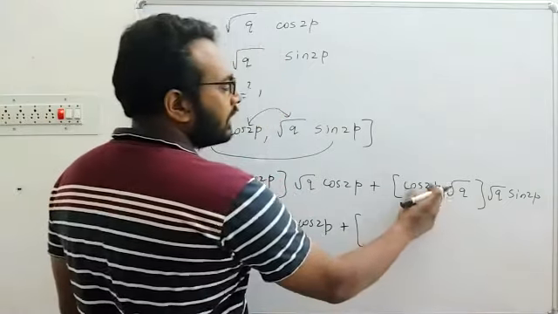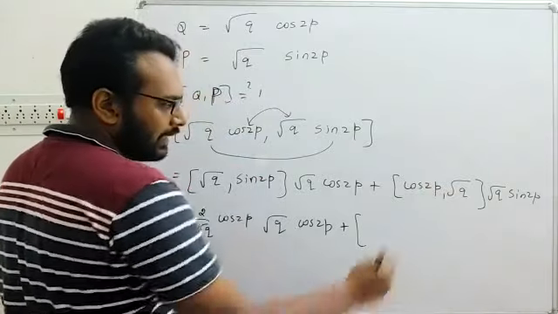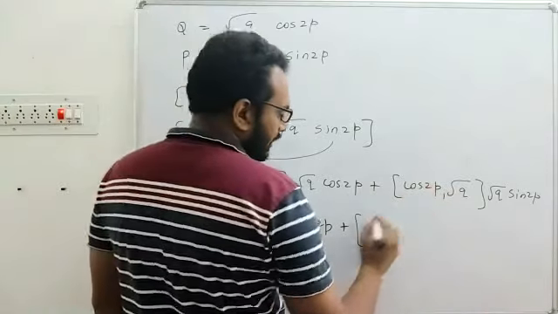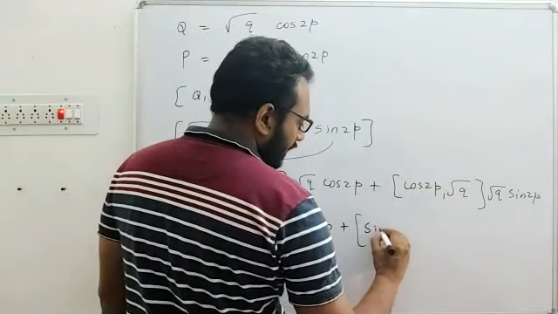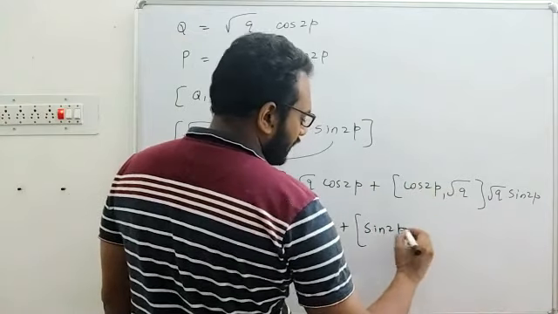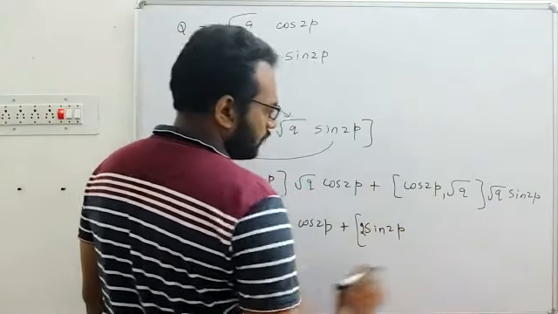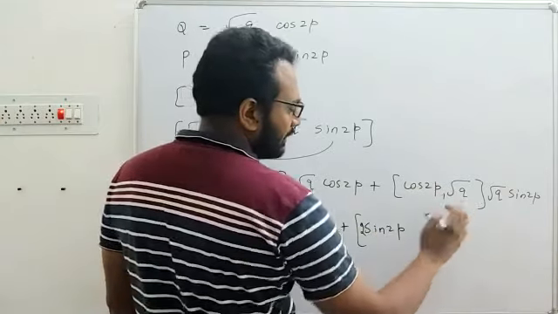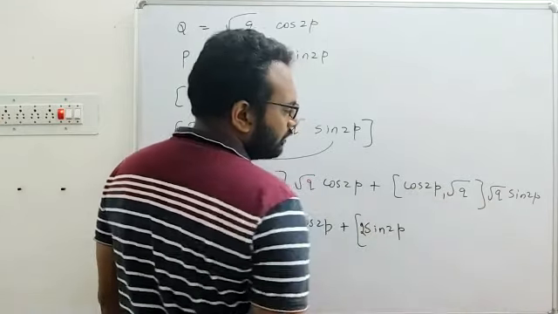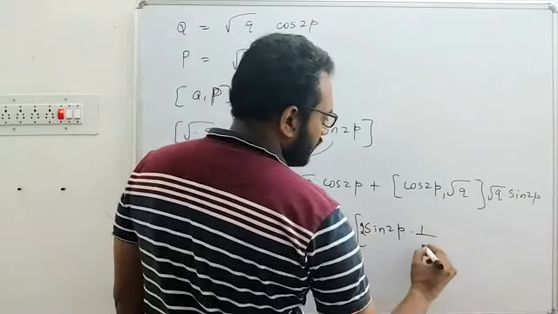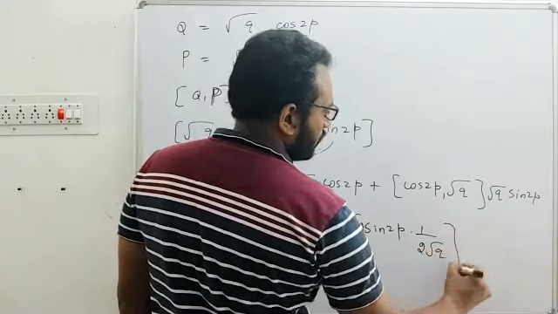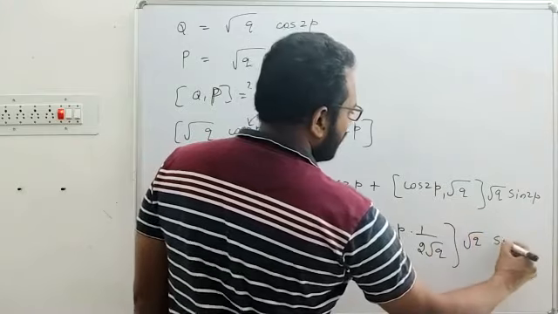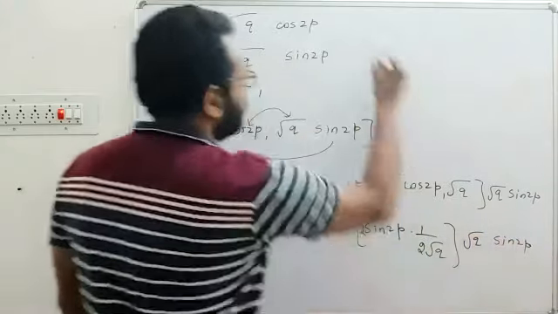You need only the derivative of the first thing with respect to p. And for that, there's a minus sign, and that becomes sine 2p multiplied by 2. So there are two minus signs and they get cancelled. The derivative of this thing with respect to q is 1 by 2 root q, multiplied by square root of q sine 2p.